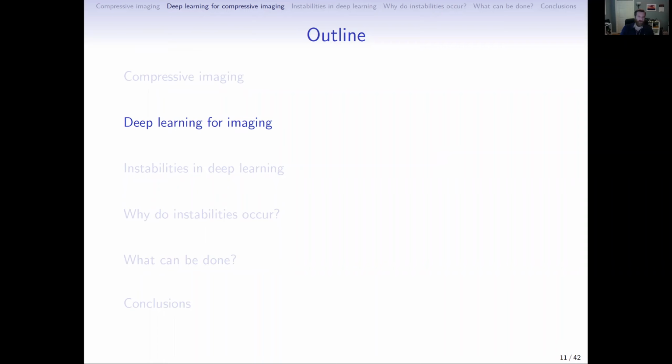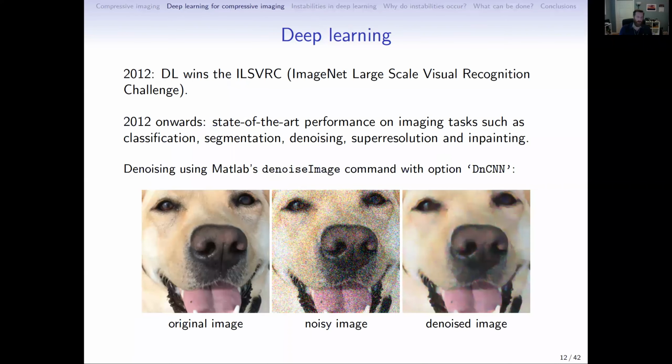Okay, so that's a short introduction to compressive imaging, what's come before. Now I want to talk about deep learning for imaging. So first of all, deep learning. I think most people in the audience will be aware that there's this huge wave of deep learning that's taken over in the last 7 or 8 years.